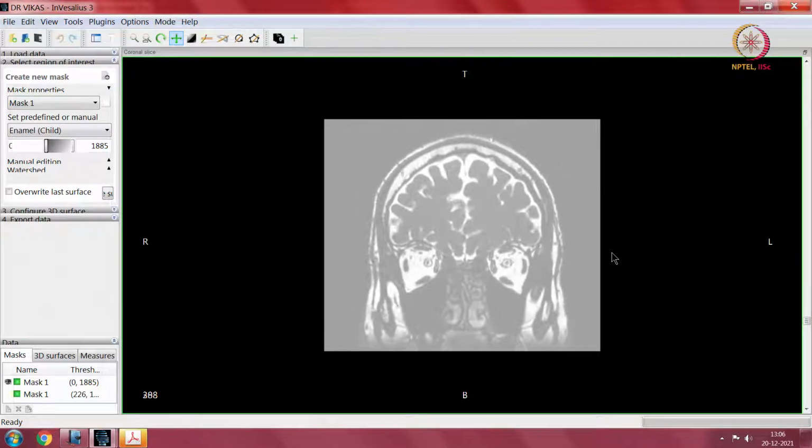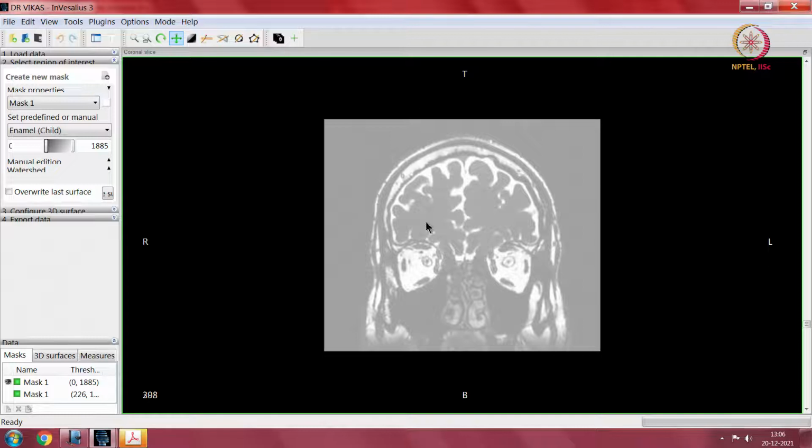Yeah, I think this is fair enough to make an understanding of the left and right superior frontal gyrus, middle frontal gyrus, inferior frontal gyrus. Difficult. So, superior frontal gyrus, middle frontal gyrus, and this whole stuff here is the inferior frontal gyrus.